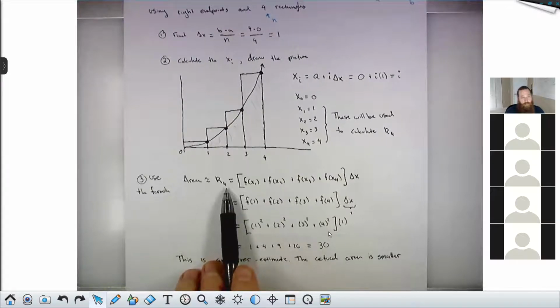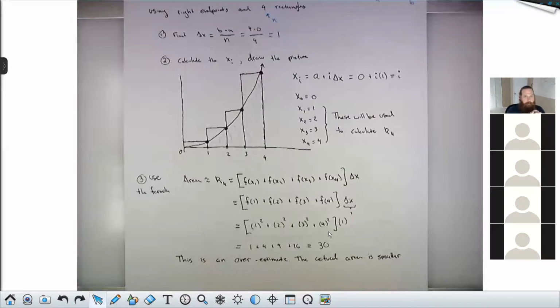And then we're going to send that number of rectangles n to infinity. Before I go into more detail about that though, I want to introduce the left-hand Riemann sum. I'm going to do it first by looking at this same example from the left-hand Riemann sum perspective, and then I'll give you the formula for that. Any questions at all on what we did here before I move away?